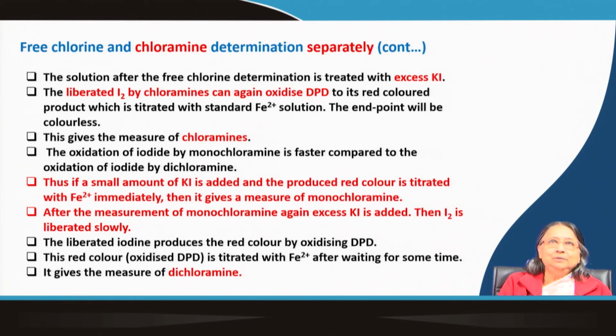If you add excess KI, then both chloramines together will come, but if you add a small amount of KI and immediately you titrate, then you will get the monochloramine. DPD is there everywhere, forget about DPD now. And now, if you use an excess amount of KI and allow some time, then dichloramine is coming. So, it is a very interesting method.